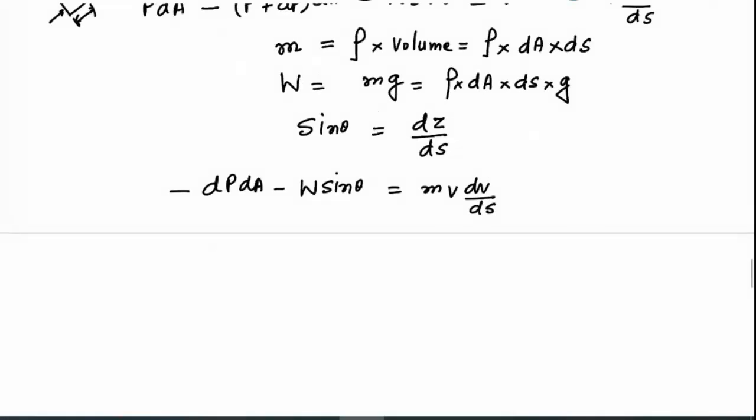Now plug in yourself the values of m, W and sin theta and give me the final expression that you are getting. Cancel dA, and give me the final expression.